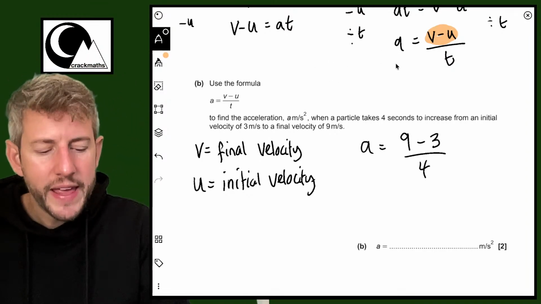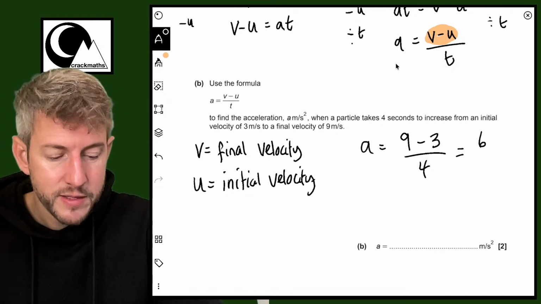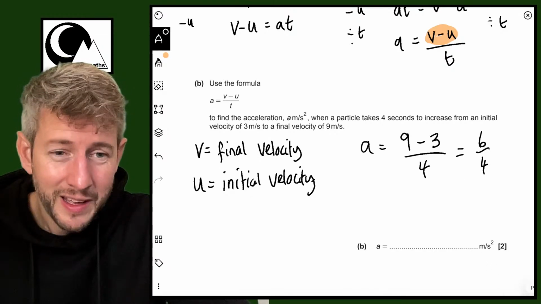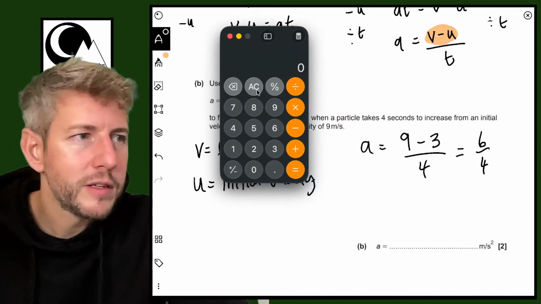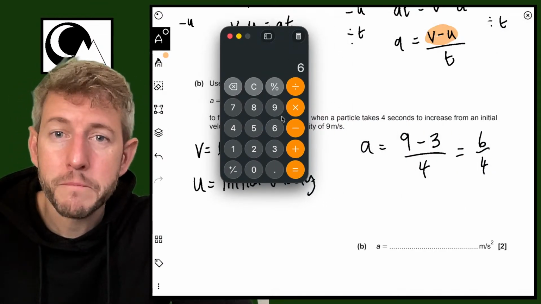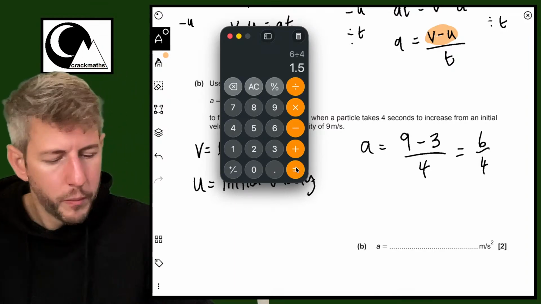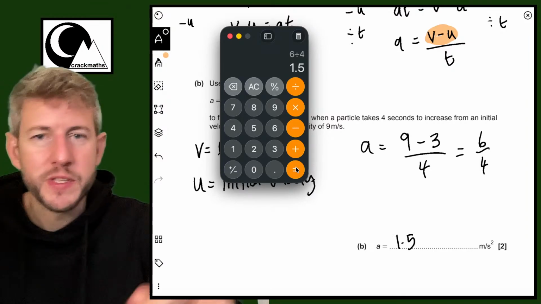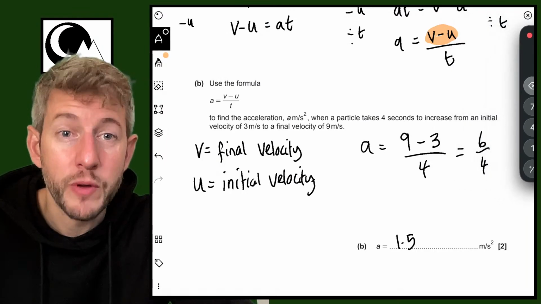So here we go, A equals 9 take away 3 over 4. Well, 9 take away 3 is 6. So we're looking at 6 over 4. I know what that is, but we'll use the calculator just because it's here. Okay, 6 divided by 4 is equal to 1.5. So A equals 1.5 meters per second squared. Right, let's take a look here to see if we got these correct.